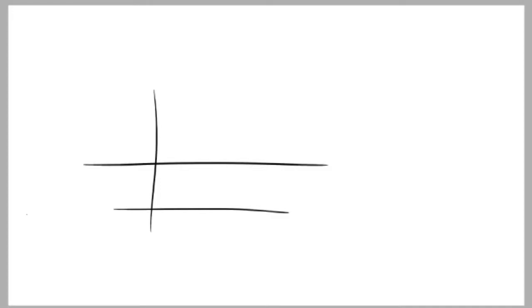I am going to teach you how to identify whether a graph and scenario is linear, exponential, or neither. First, we're going to start with this graph. This graph is very easy to identify as it is a linear graph because every linear graph has a straight line.